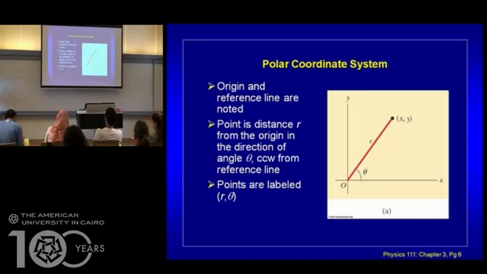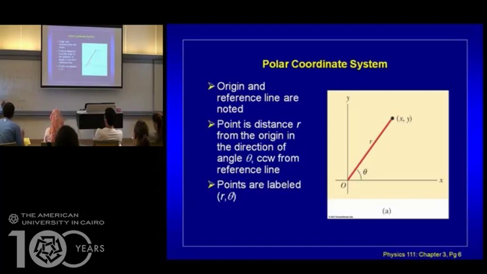I'm going to square Y, and I'm going to square X, and I will add them together. So it's going to be R squared times sine squared theta plus R squared times cosine squared theta. Right, guys? Can I take R squared as a common factor?